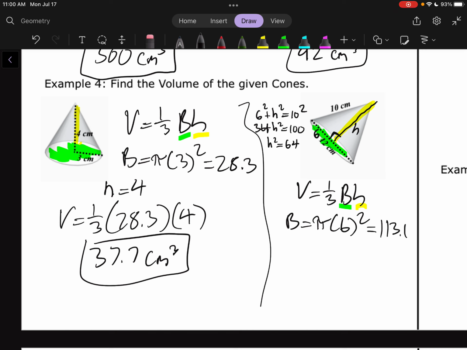If I subtract the 36, I get that h squared is equal to 64. And that means the height is going to be 8, which some of you might have spotted. That is a 3, 4, 5 right triangle, but all the sides are multiplied by 2. So now I'll just do 1/3 times 113.1 times 8.